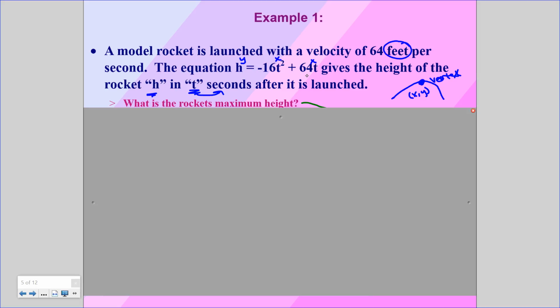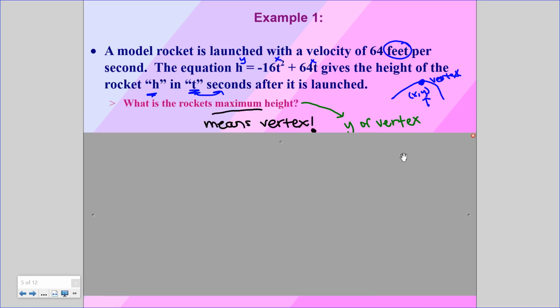Time might help us figure out the height, but the variable we're really going to be looking for is the y of our vertex, because y represents height in this case. So this means we want specifically the y portion of the vertex. To find the y portion of your vertex, though, we do have to know what the x value is.